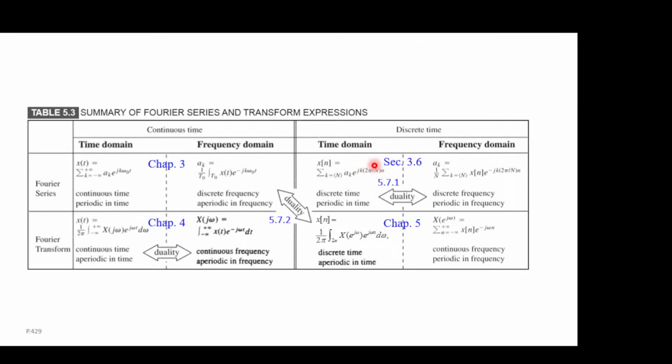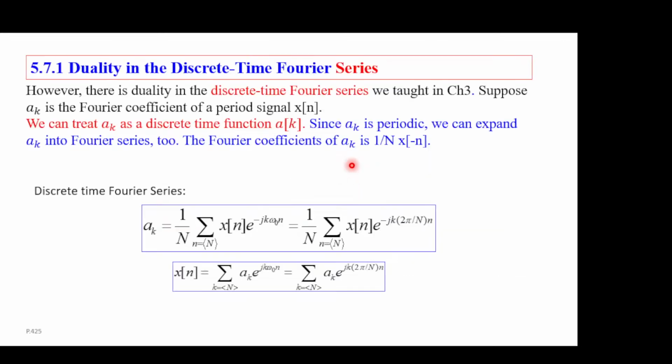So for different harmonic number, you have a different a_k. We write it a sub k, but obviously we can just rewrite this as a[k], and we can think of this as a function of k, right? So this is basically just changing notation.